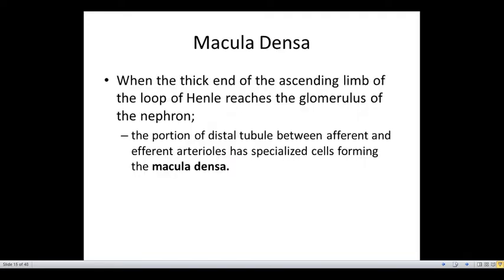Another important structure is the macula densa. Now, when the thick end of the ascending limb of the loop of Henle reaches back to the glomerulus of the nephron, the portion of distal tubule, which is between afferent and efferent arterioles, has specialized cells forming the macula densa.